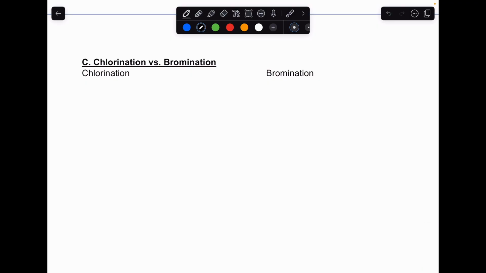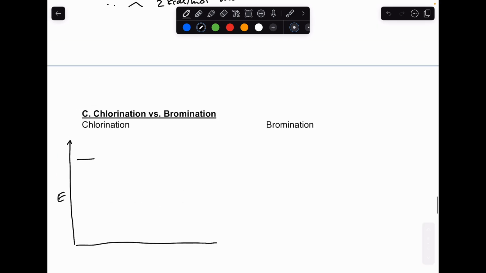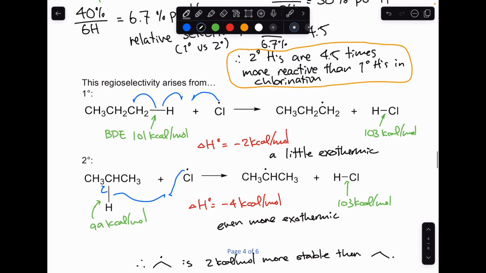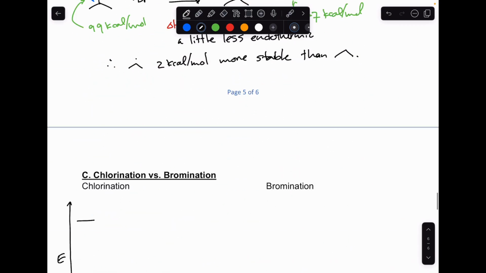Okay, and to understand that, it has to do with kinetics of the reaction, not just thermodynamics. And to understand that, we need to look at the reaction energy coordinate or reaction progress energy diagram. So let's think about that for chlorination first, right? So chlorination reaction, remember, it was overall exothermic, right, if you recall.